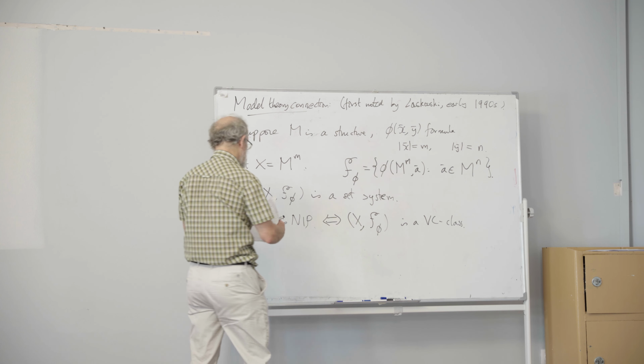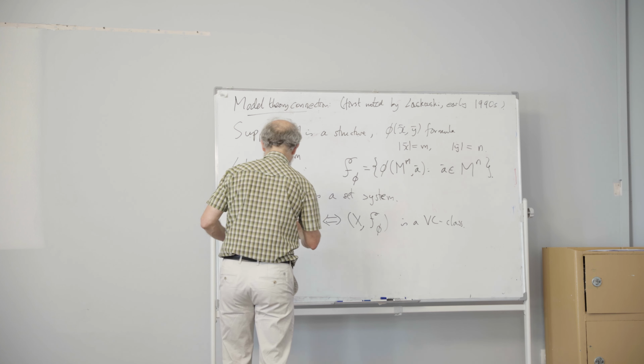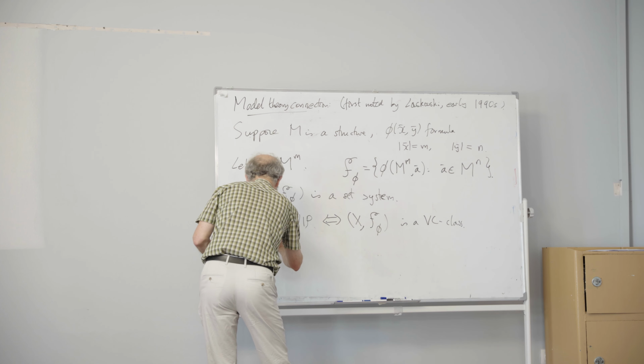Okay, so then we can write capital VC of phi for the VC dimension of X, F phi, and little VC of phi for the VC density.